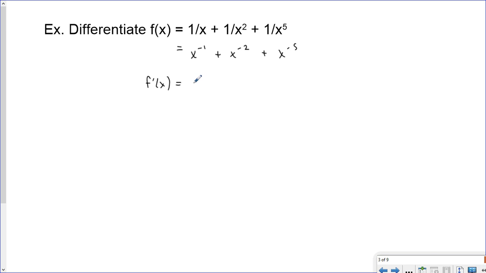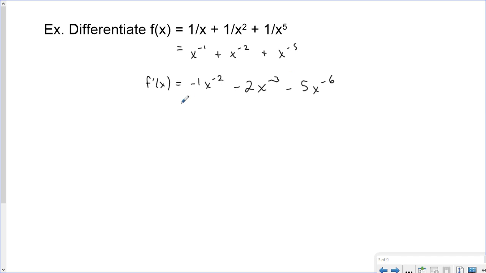So now I've got negative 1, x to the negative 2, negative 2, x to the negative 3, and negative 5, x to the negative 6. Make sure we get our integers right. We're subtracting 1 from a negative power here. So we go down to negative 2, negative 3, negative 6.